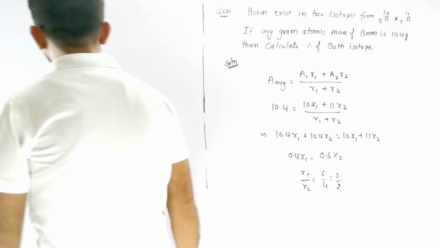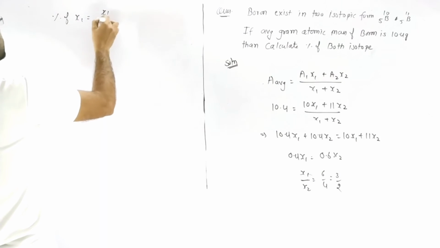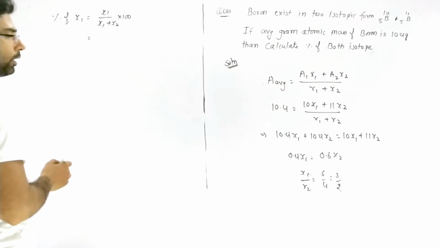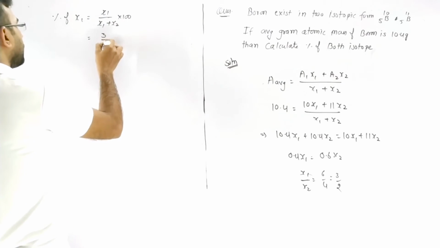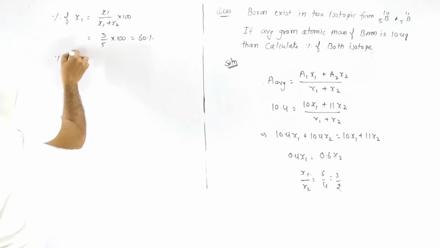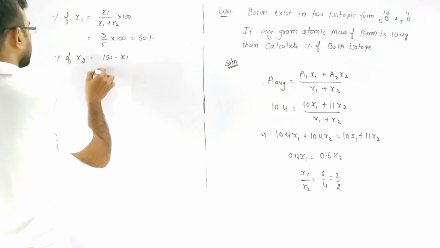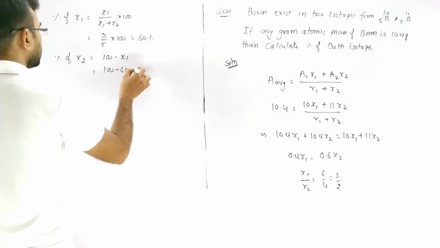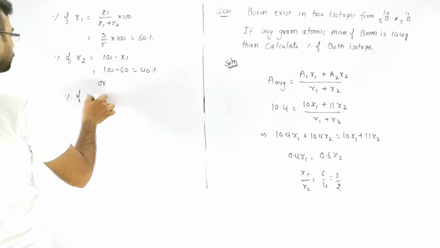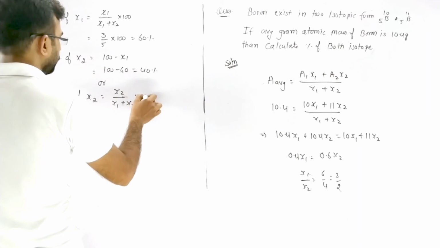So if you want to calculate the percentage of x1, then x1 upon (x1 + x2) into 100. On putting values, x1 is 3 divided by 5 into 100, so it becomes 60%. Similarly, the percentage of x2 is 100 minus 60, which becomes 40%, or we can calculate the percentage of x2 as x2 divided by (x1 + x2) into 100.